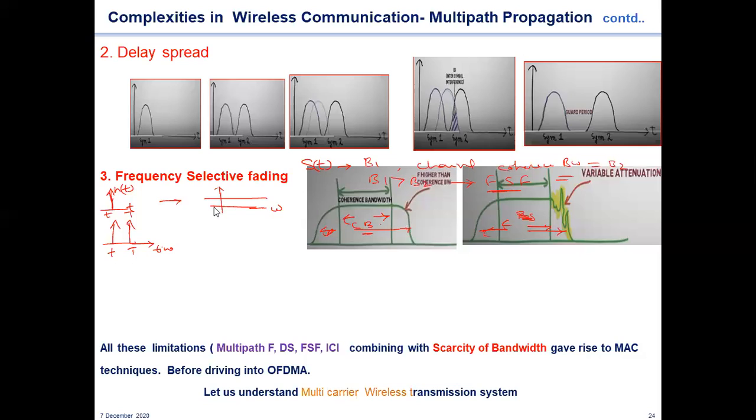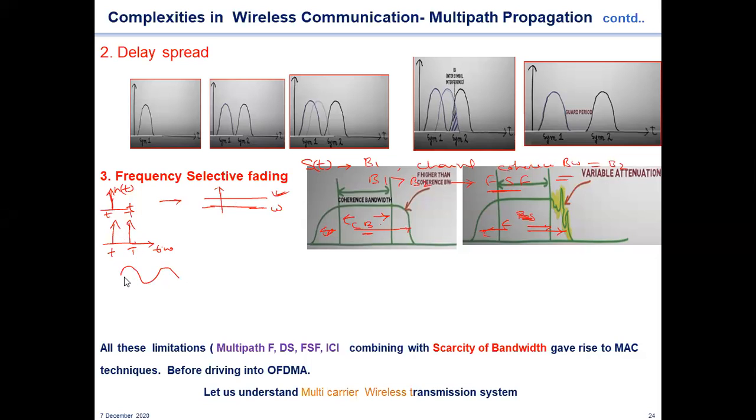Across the entire bandwidth spectrum, the fading remains the same. So all frequency components are getting affected equally here.